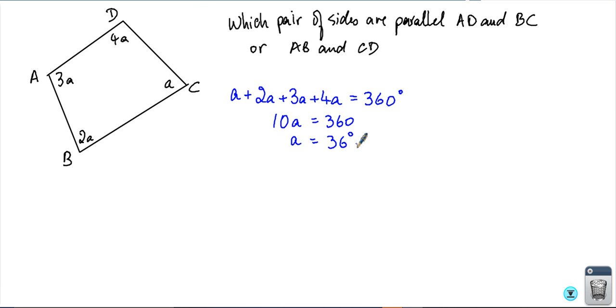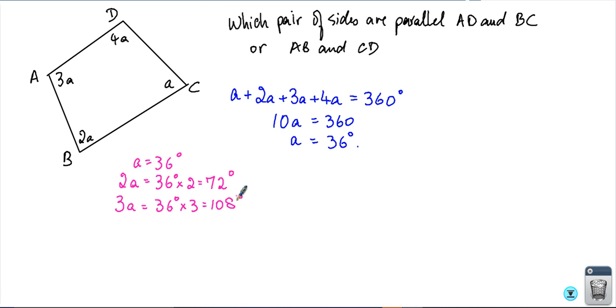So if A is 36 degrees, 2A is 36 times 2, which makes 72 degrees. 3A makes 36 times 3, which makes 108 degrees. And 4A makes 36 times 4, which is 144 degrees.